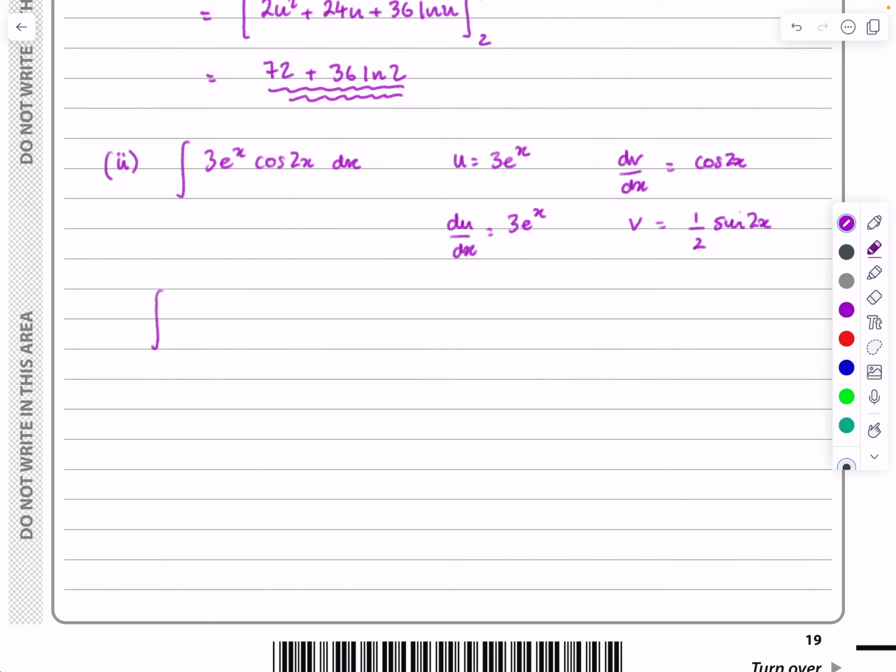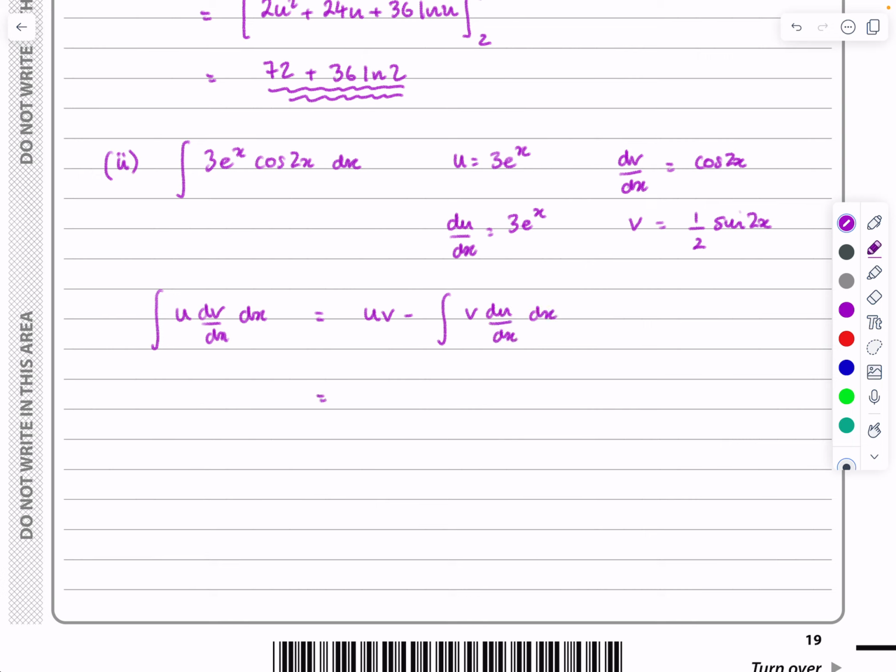So we're going to use integration by parts, which says that the integral of u dv by dx is equal to uv minus the integral of v du by dx.